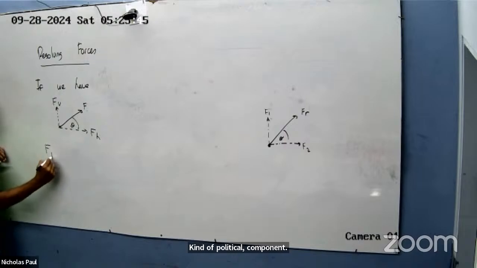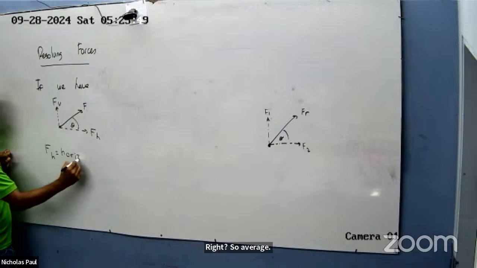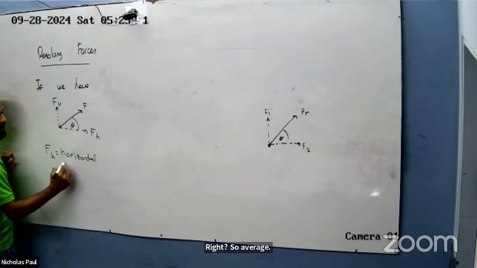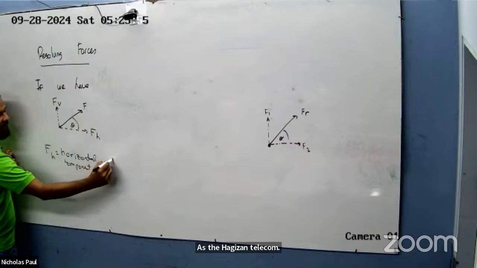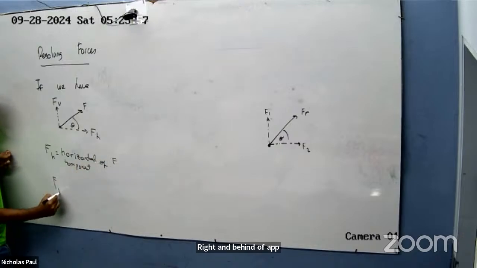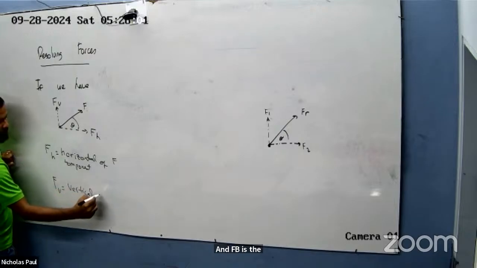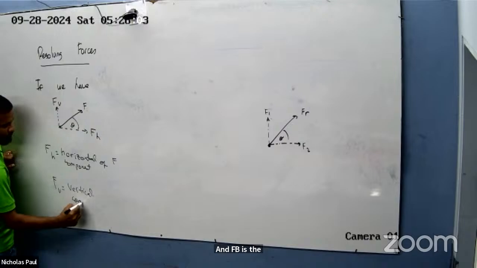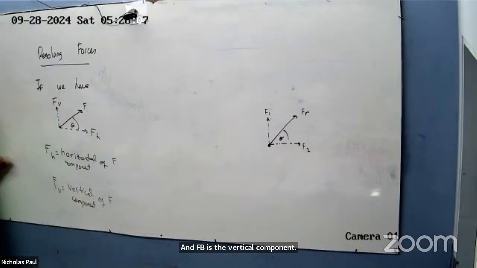So FH is the horizontal component of F, and FV is the vertical component of F. Those are your two components.